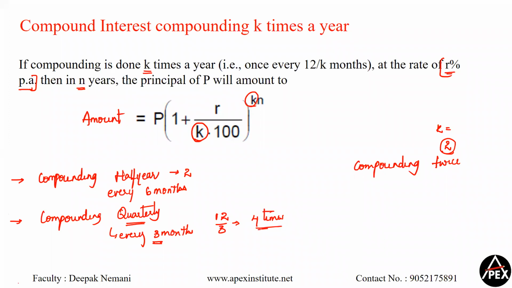So if you are given months, divide 12 by those months and you will get the value of K. If it is compounding every 4 months, then the value of K will be 3. Compounding 4 times, or compounding quarterly, the value of K is 4.